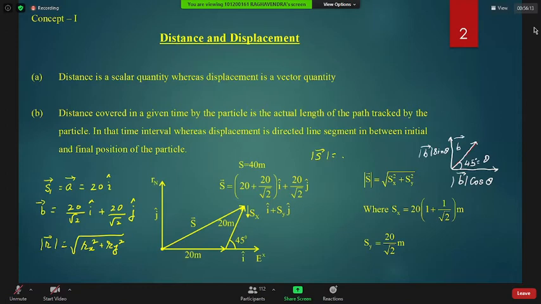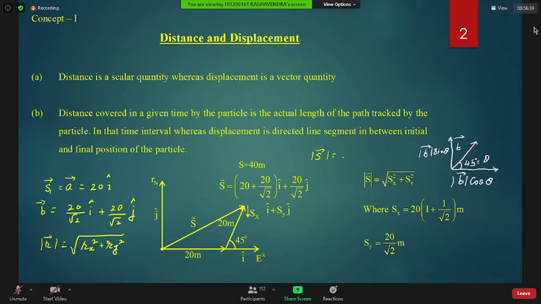Let them calculate displacement. Displacement does not depend upon the path. It only depends upon the initial and final position. Anyone will tell you the definition: it is a directed line segment. Sir, displacement is 400 root 2 root 2 plus.